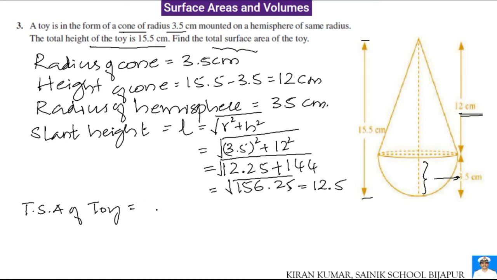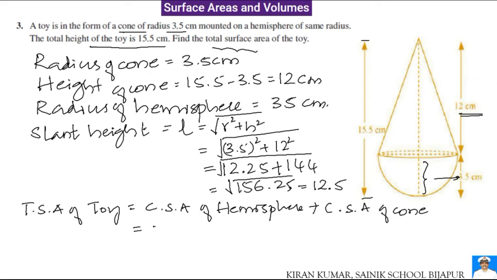will be equal to curved surface area of hemisphere plus curved surface area of cone. The curved surface area of hemisphere is 2 pi r square, plus the curved surface area of cone is pi r l. Since the radii are the same, I can take pi r as common.